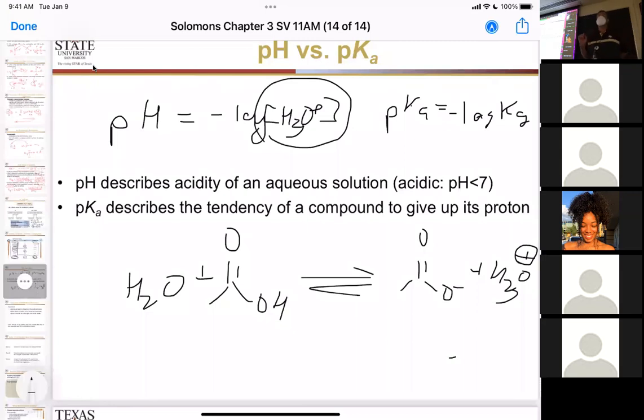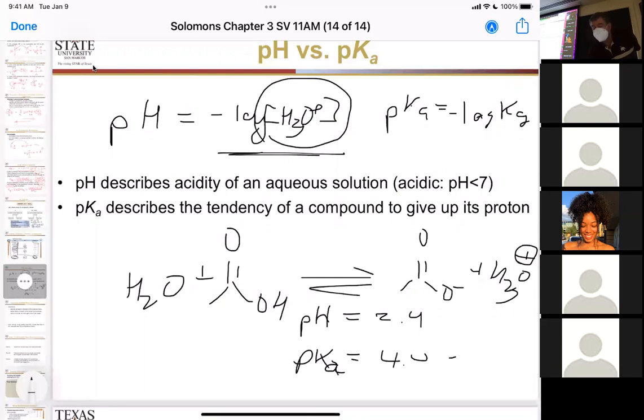And therefore, we can calculate the pH of this solution. We have the negative log of the hydronium ion. So that means the pH is equal to 2.4, because that's the log of the concentration of hydronium ion. But the pKa, like I showed you on the last table, is actually 4.8.